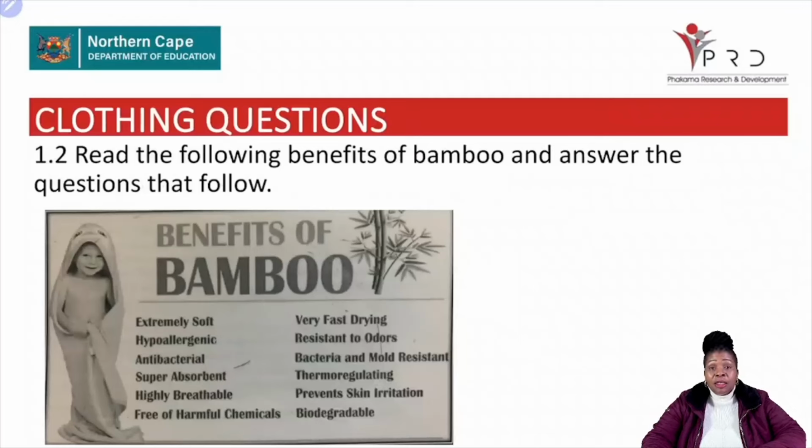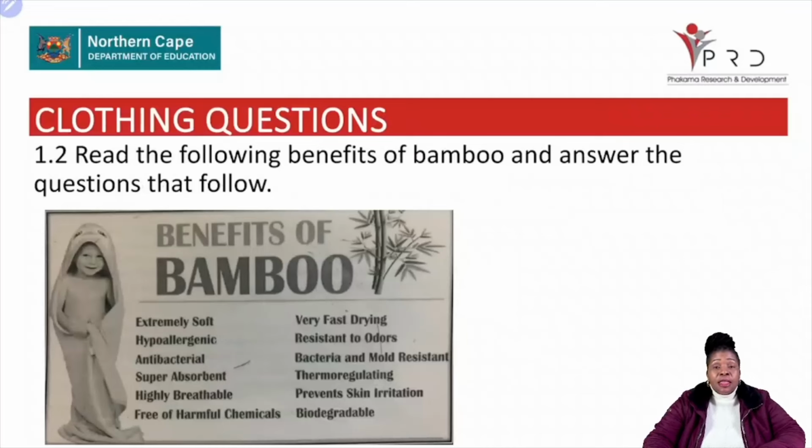It is antibacterial. It is super absorbent. It is highly breathable. It is free of harmful chemicals. It is very fast drying. It is resistant to odors. It is bacteria and mold resistant.